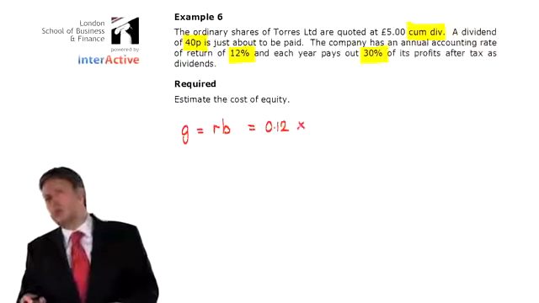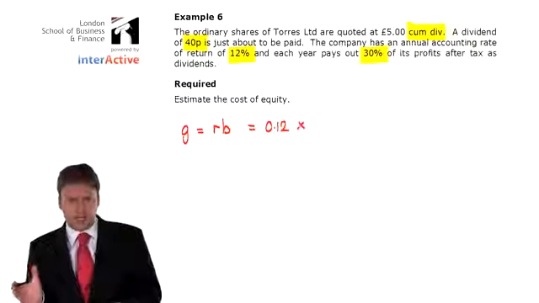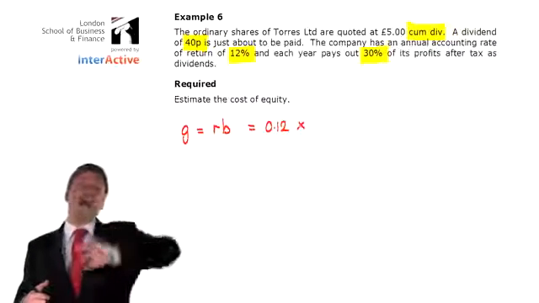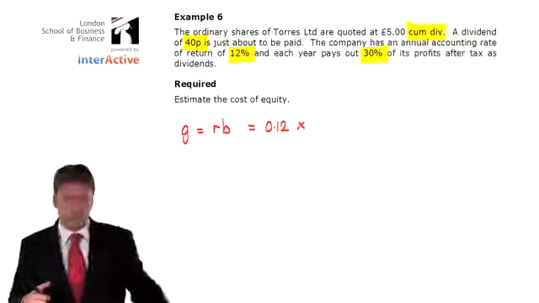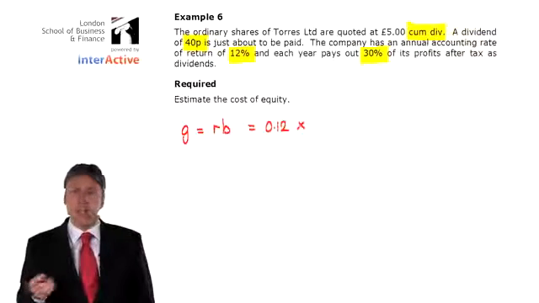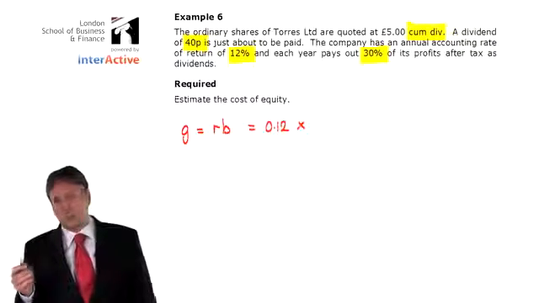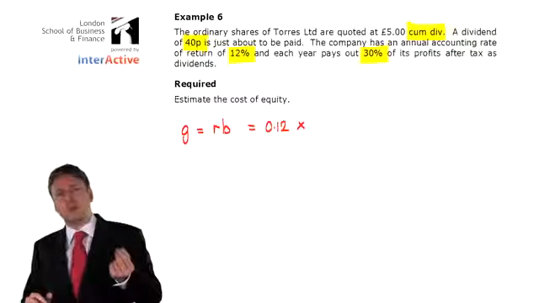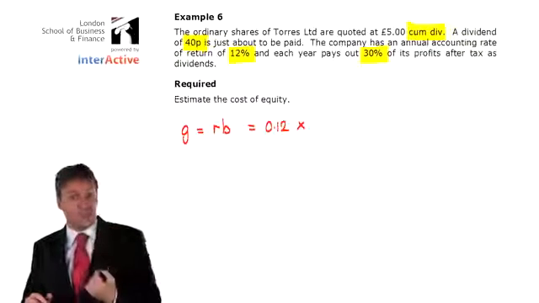Then we want to look at the proportion retained. And what we're told is that each year we pay out 30%. If that's the case, the proportion retained will be the other bit. I know it's obvious, but please make sure you get it right. This is the sort of thing that people get wrong every time.